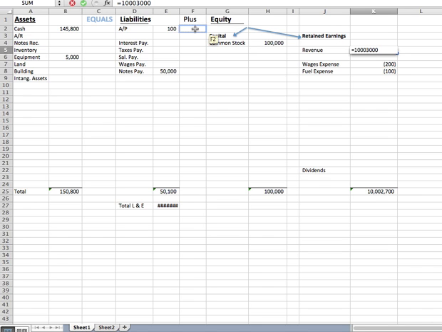It is on account, and thus it is an accounts receivable, an amount to be received by the company at a later date. So what I did was increase revenue by $3,000 and increase accounts receivable by $3,000. Total assets still equals total liabilities plus equity.